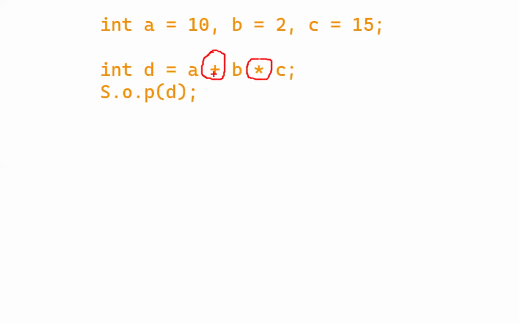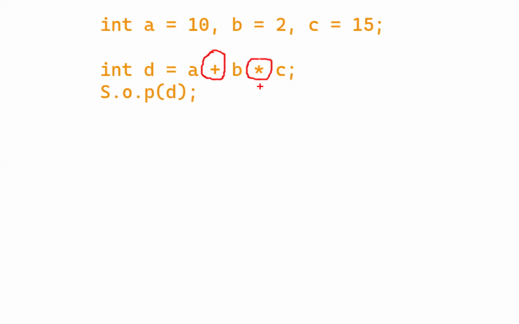For example, if you first find a plus b, then 10 plus 2, 12. 12 into 15, you'll get some result. Everybody is getting my point. Am I clear, folks?